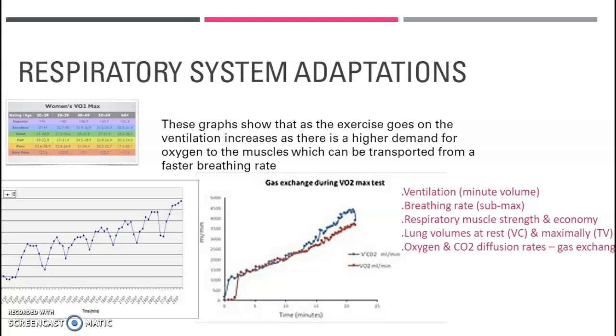This in turn increases the volume of lung capacity and the amount of air that can be breathed in with each breath, known as the tidal volume, and the amount of air that can be breathed in per minute, known as the minute ventilation. Overall, the increased volume of air improves aerobic capacity and the ability of the heart, lungs, and muscles to work together, and this is called the VO2 max.